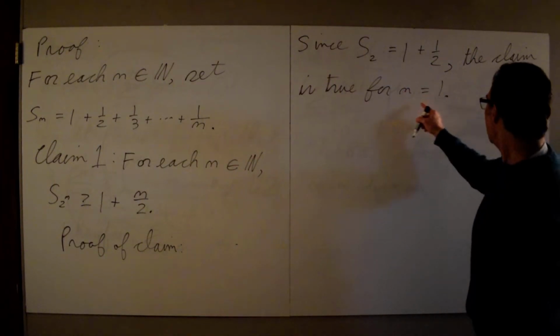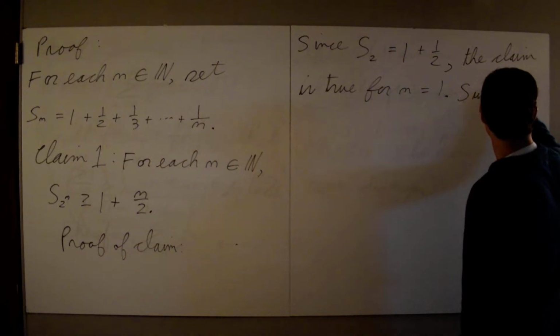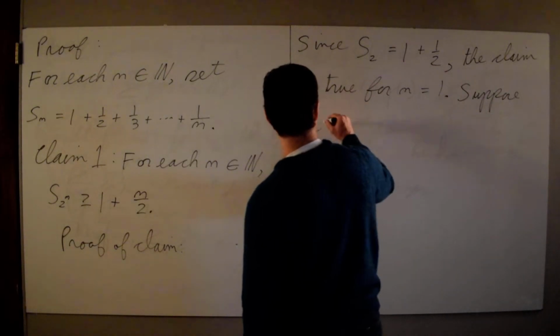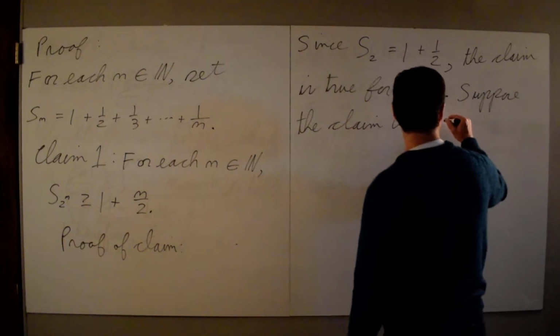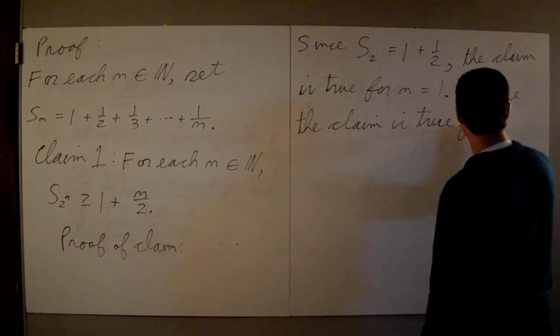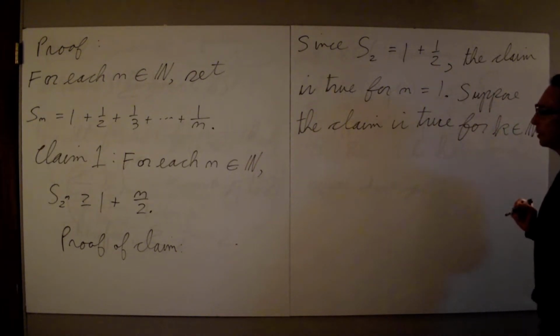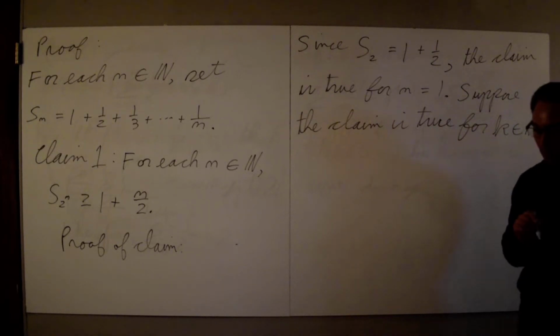So let's go to the inductive step. Suppose the claim is true for k in N. So for the inductive step, we want to prove that the claim is true for k plus 1.